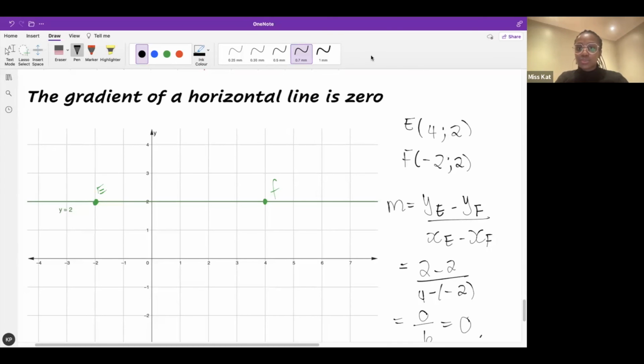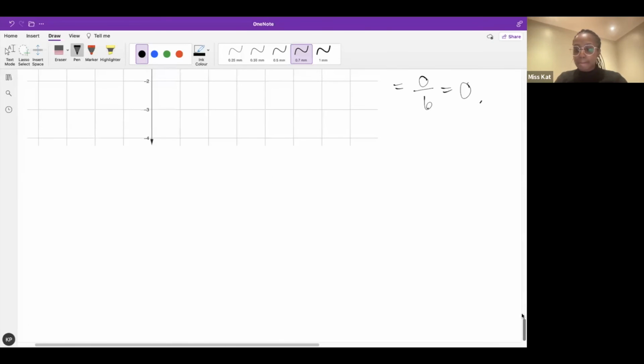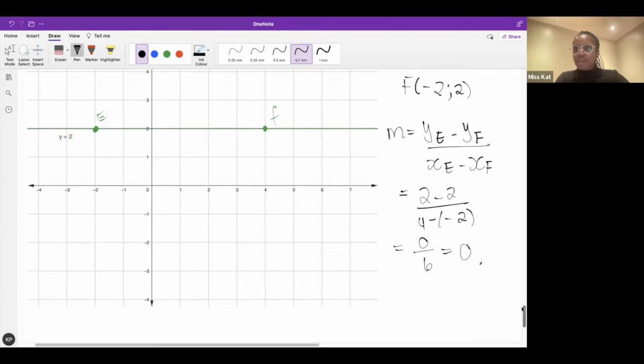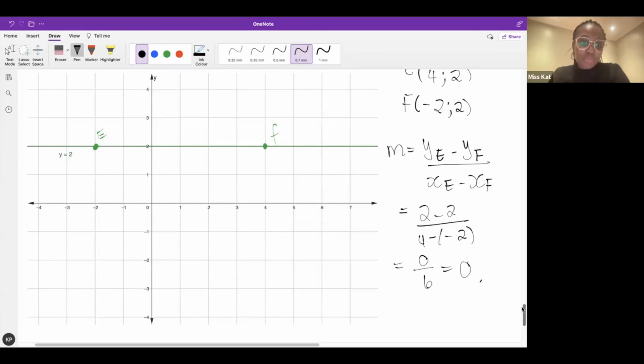Yes, Tando. Ma'am, I just wanted to find out when the answer is 0, do we say it's undefined or do we just write the 0? It's a 0. Undefined is something different. Ma'am, can you please explain the difference between the two?